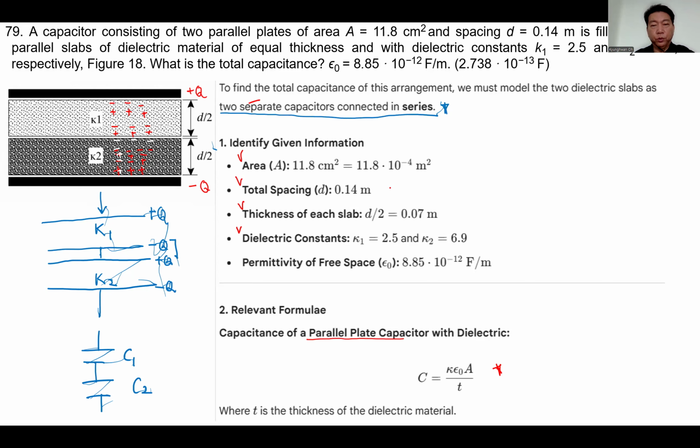That's the starting point. For each capacitor, we know the formula for the parallel plate capacitor. It involves the area, the thickness, and your dielectric constant.